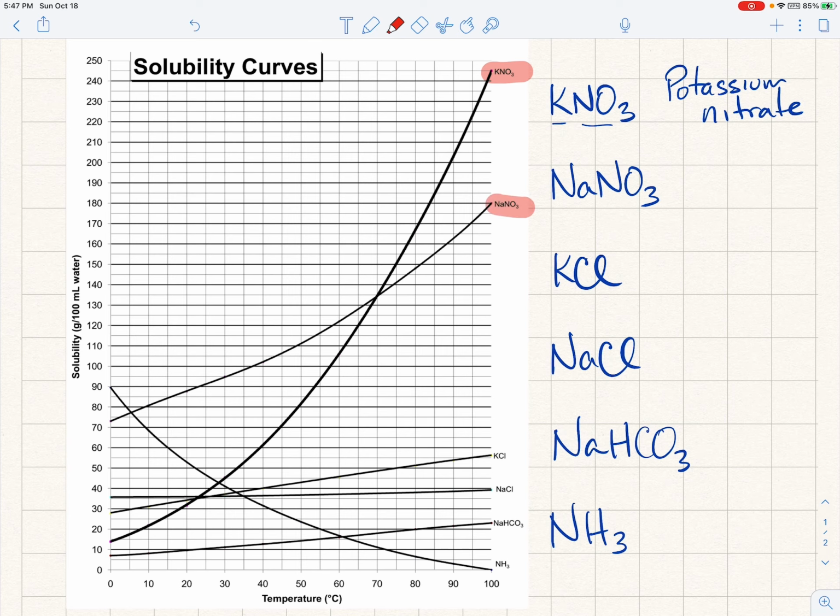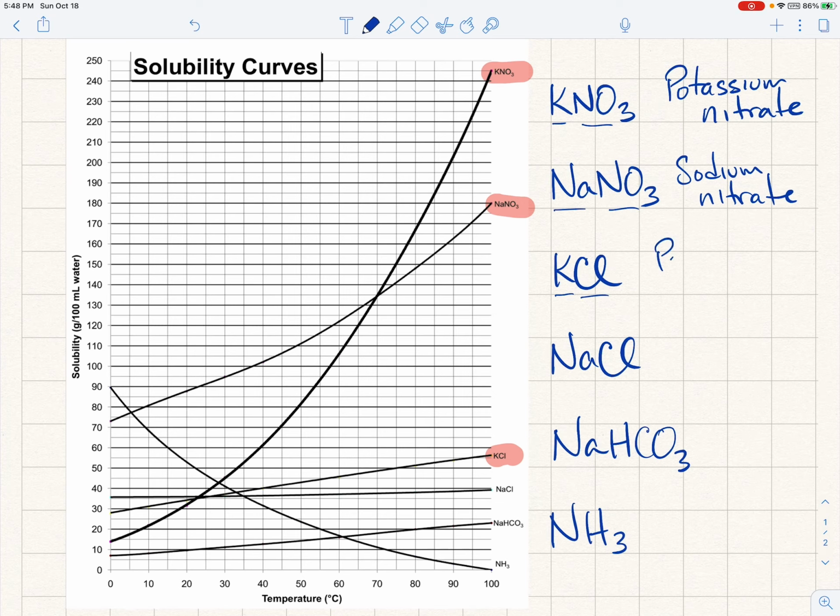The next one going down on the right-hand side of the chart is NaNO3. Na on a periodic table is the symbol for sodium, and we already know that NO3 is nitrate, so this is sodium nitrate. All right, the next one down on the chart is KCl. We've already said that K is the element symbol for potassium, and Cl is the element symbol for chloride.